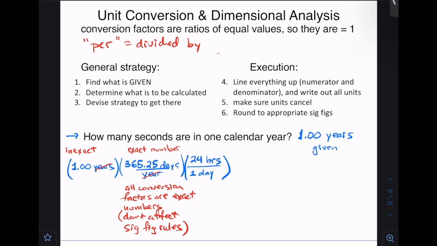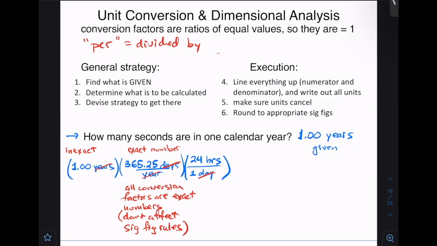It's also a conversion factor. Whether I count it as 24 hours or one day, it's the same quantity. All I'm doing is changing my units. I'm converting my units from days into hours. So mathematically, I set it up this way so that days in the numerator here cancels with days in the denominator here.